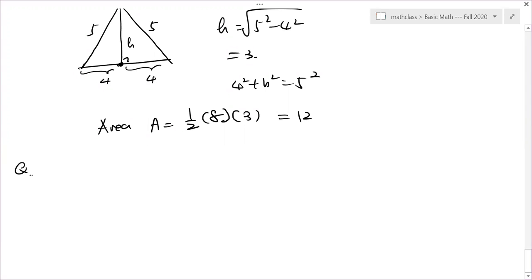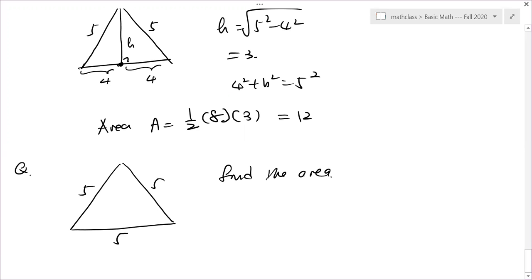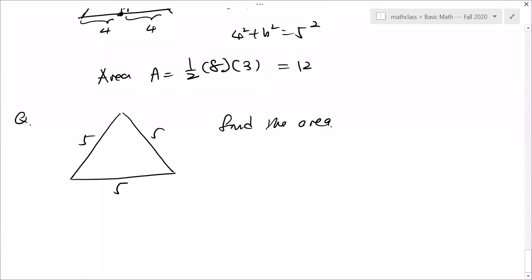Now, if I make it an isosceles triangle with sides 5, 5, 5, an equilateral triangle, can we find this area? Can you figure it out?